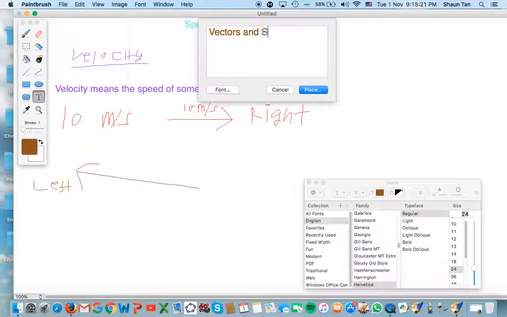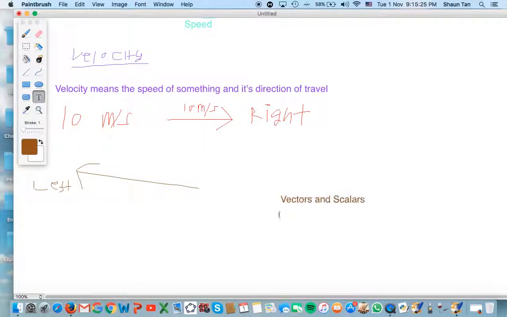Right, vectors and scalars. And you might think, so what does that even mean? Well, I'll tell you what it means. In this case of this arrow here, I just made a vector. But what does a vector even mean? A vector literally means something with a magnitude and a direction.